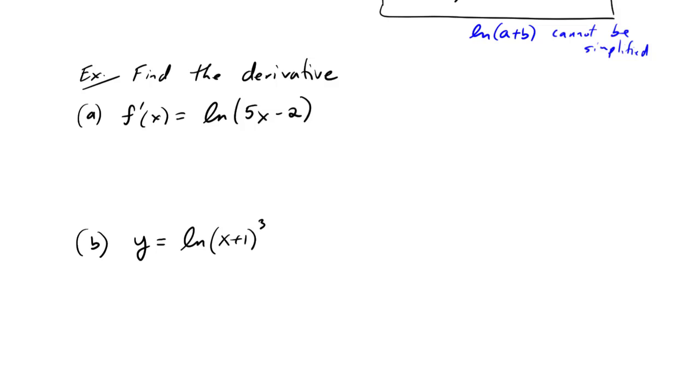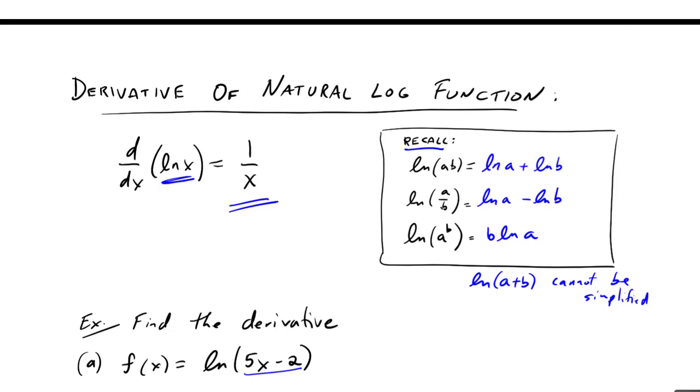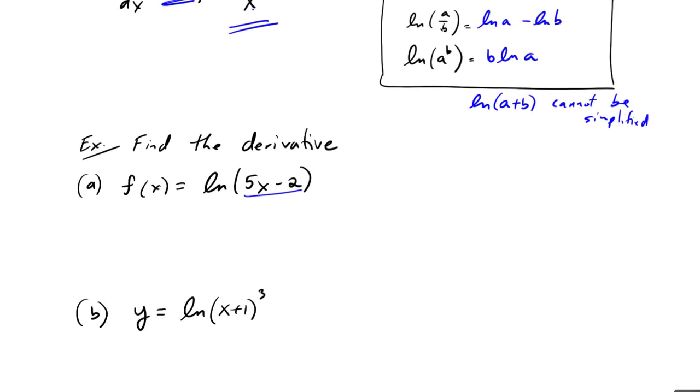Find the derivative. Oops, this should not say f prime. This should say just f here. So f of x is ln of 5x minus 2. What I'm going to do is, I see that it is ln of something. ln of x says 1 over x, so when you do the derivative of ln of something, it's really 1 over something. That's how it starts.